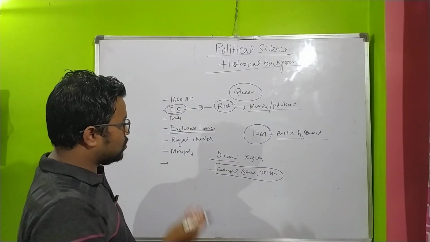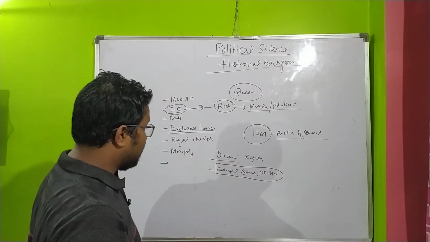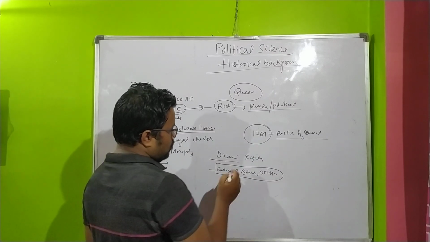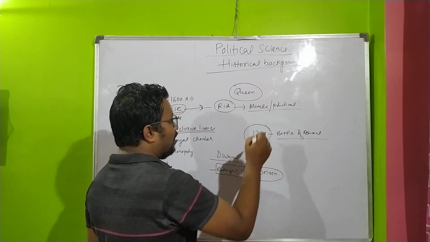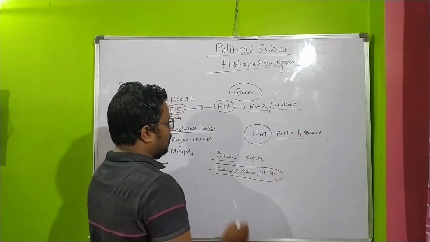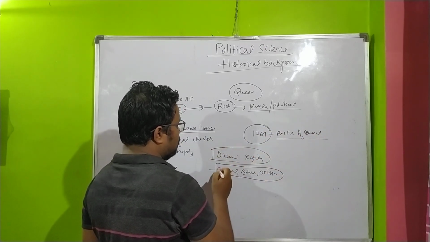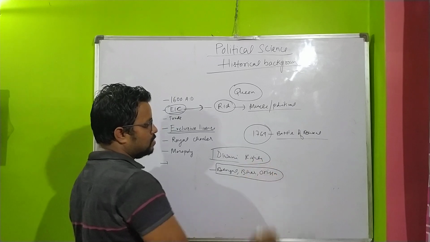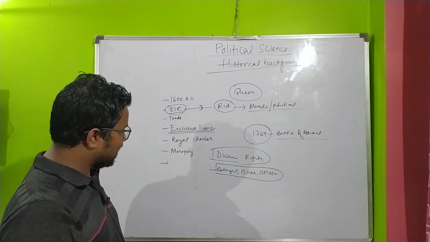In that time, it was not known as a state; these were provinces. So after winning the Battle of Buxar, the East India Company got the Diwani rights over Bengal, Bihar and Orissa. Now what are Diwani rights?